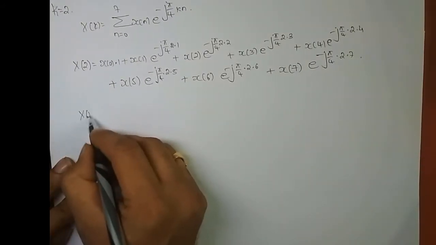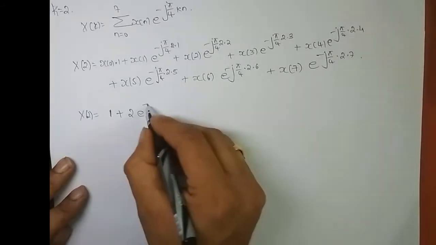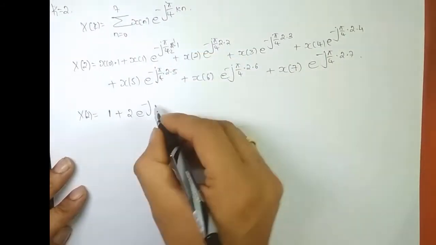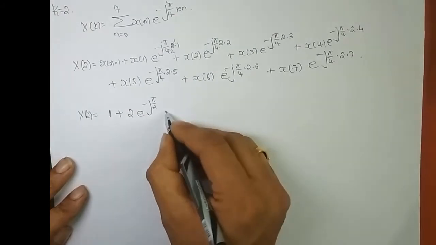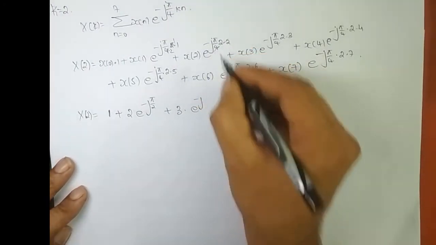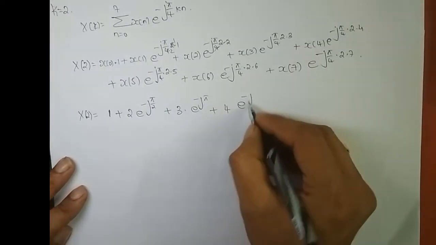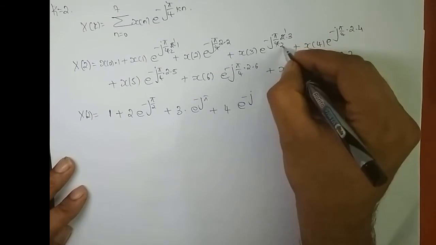So x of 2 is equal to, what is the value of x of 0? It is 1, right? Plus x of 1 is 2 into e power minus j, 2 ones are 2, 2 twos are 4, which is pi by 2, plus x of 2 is 3 into e power minus j, 2 twos are 4, 4 4 cancels out, pi, plus x of 3 is 4 into e power minus j, 2 ones are 2, 2 twos are 4, what do we get?